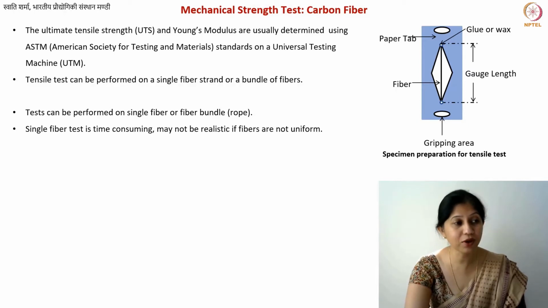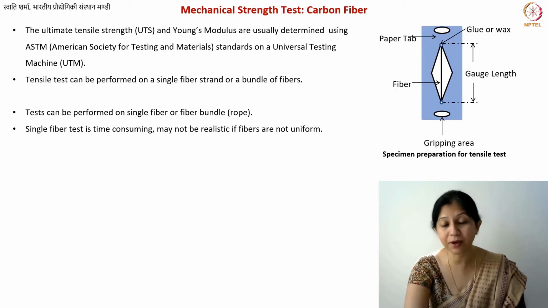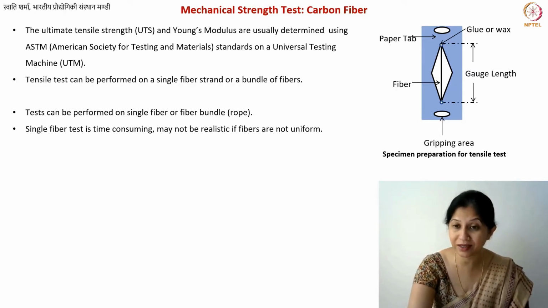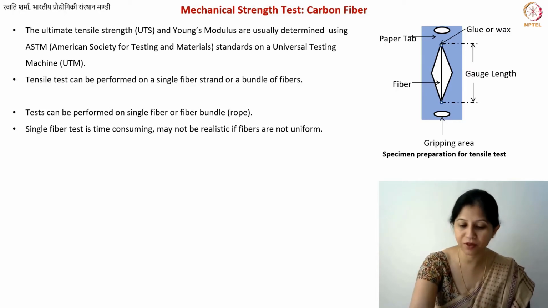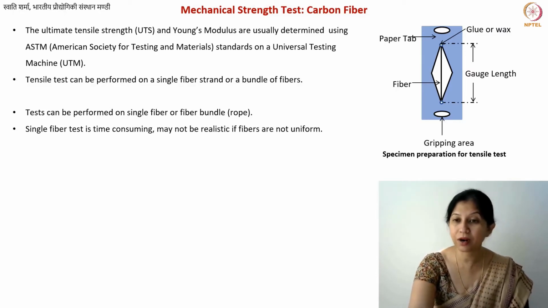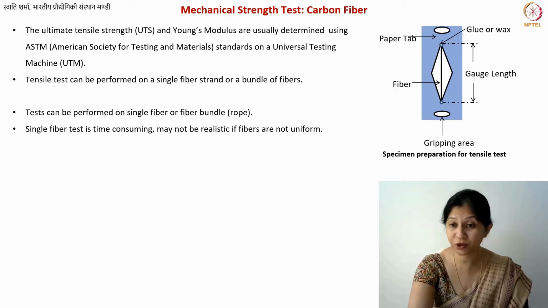And there is one more thing: your fibers must be uniform. If you're testing single fibers, most of your fibers should have a pretty much uniform diameter range. This will often happen when you have mesophase pitch based fibers.